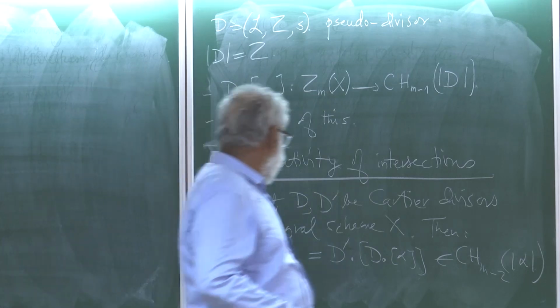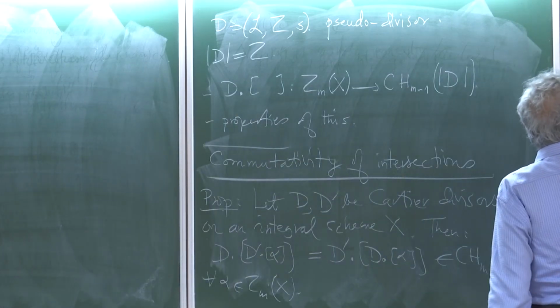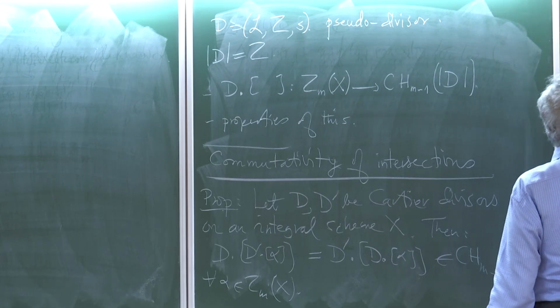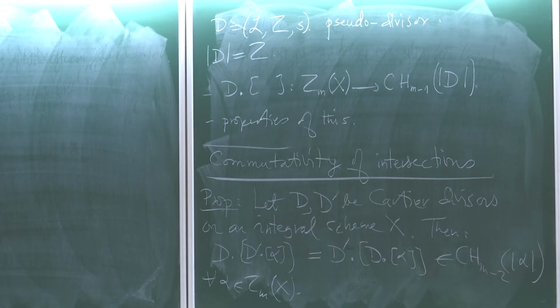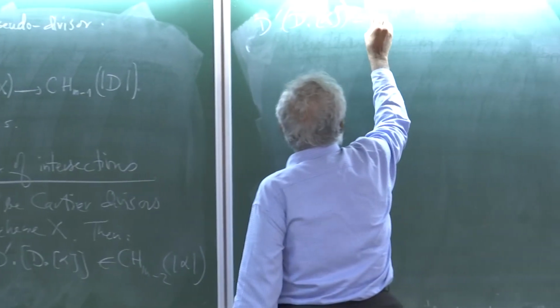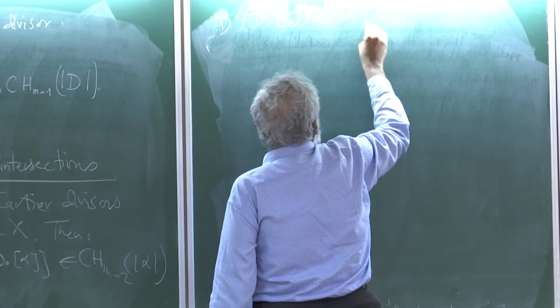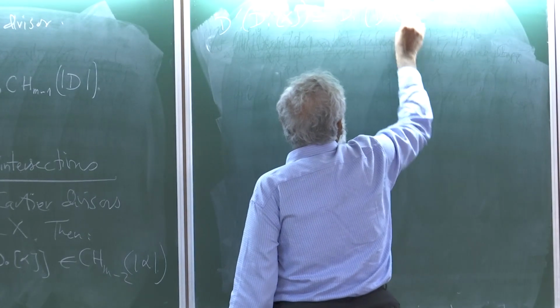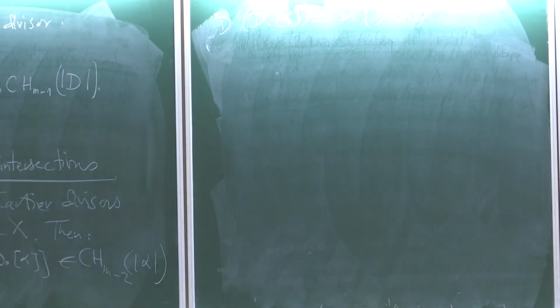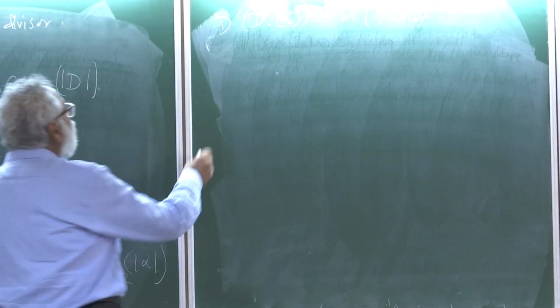So in particular I can say D' · D · the class of X itself, which is really the key. When you write a statement like that, you're really proving this is equal to D · D' · X. And also, what is this D · X?